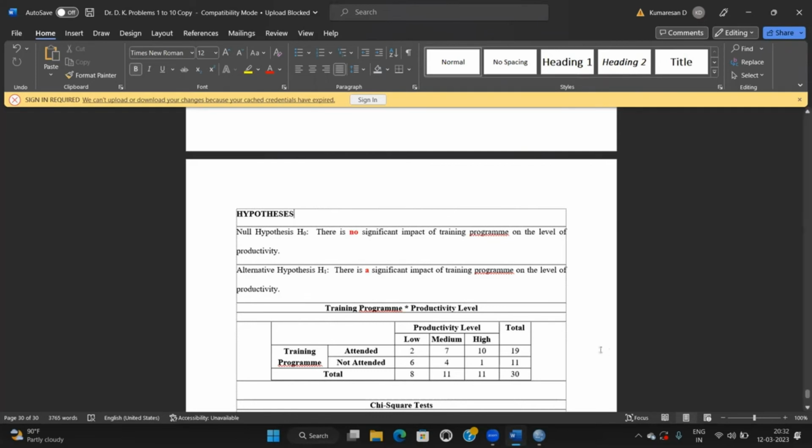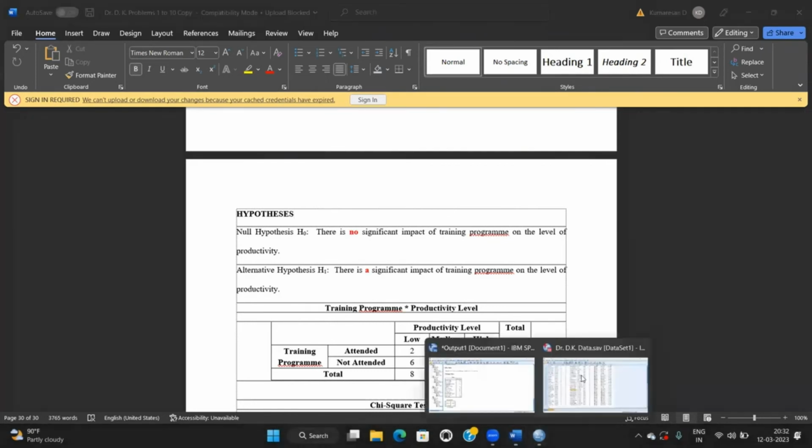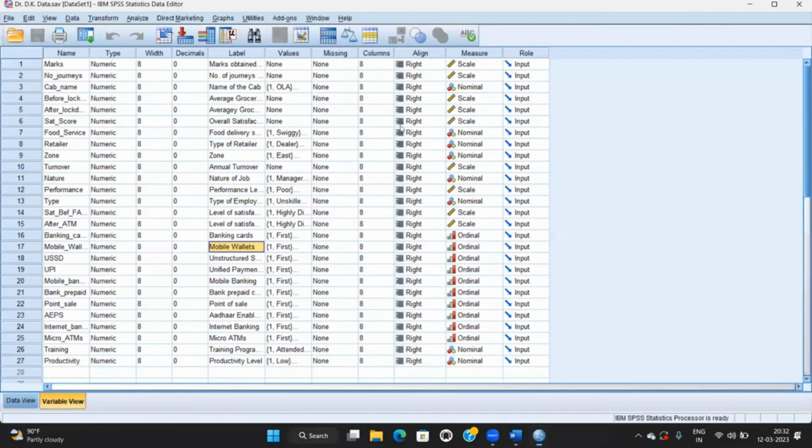Now we'll go to the analysis. See here, there is one more debate among the scholars whether chi-square test is a parametric test or non-parametric test.